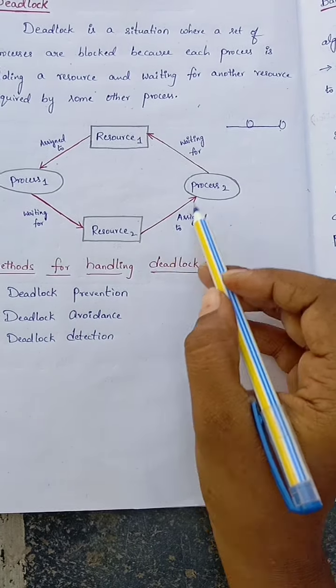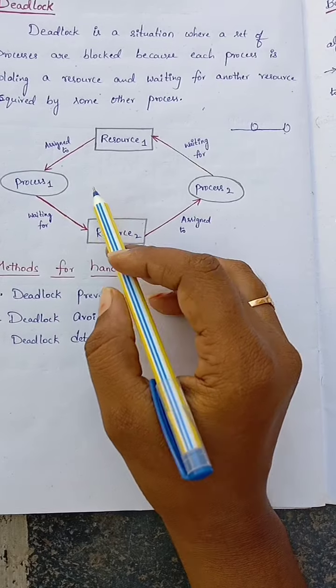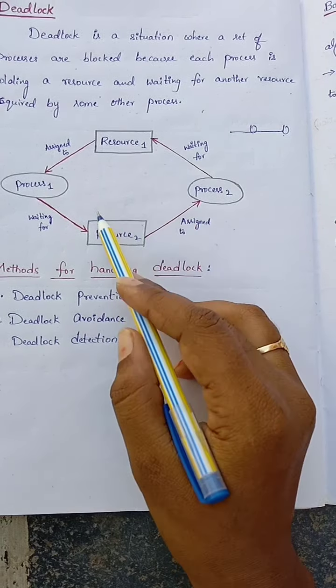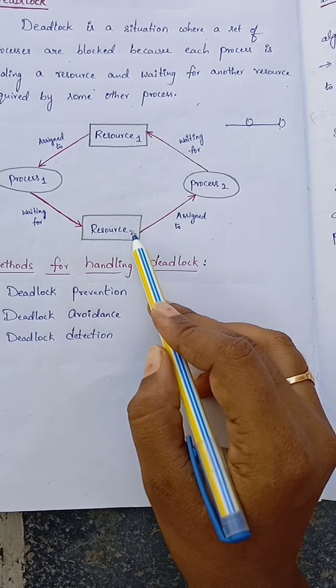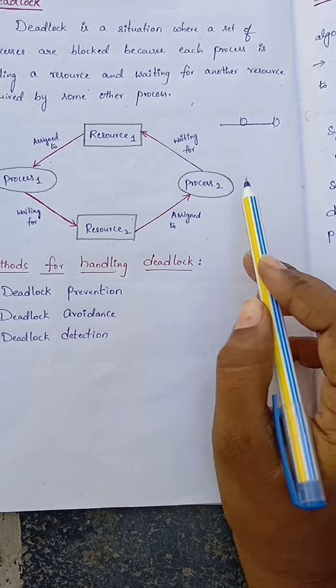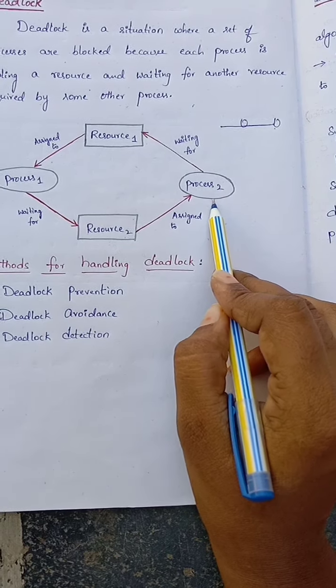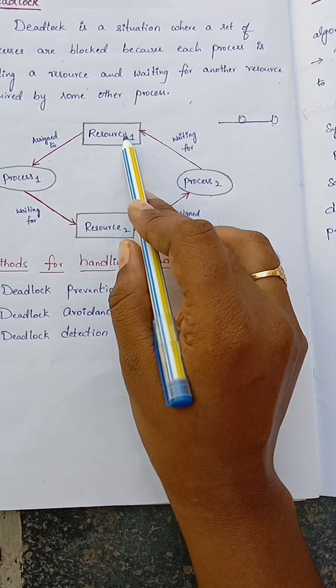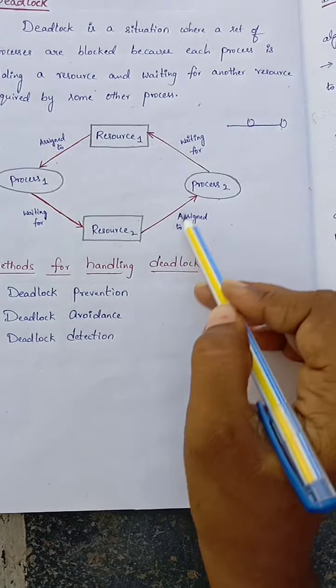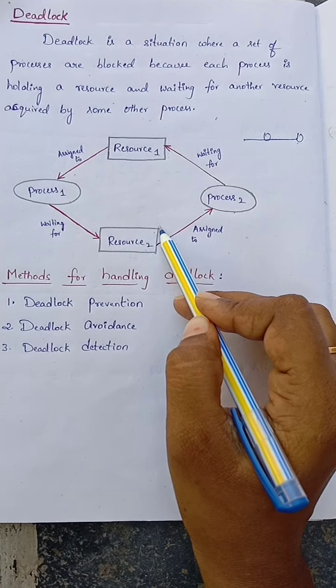For example, in this diagram, process 1 is holding resource 1 and waiting for resource 2, which is acquired by process 2, and similarly process 2 is also waiting for resource 1, which is acquired by process 1. This situation leads to deadlock.